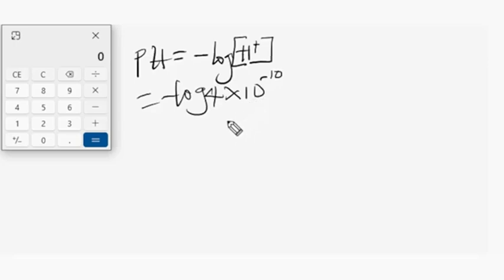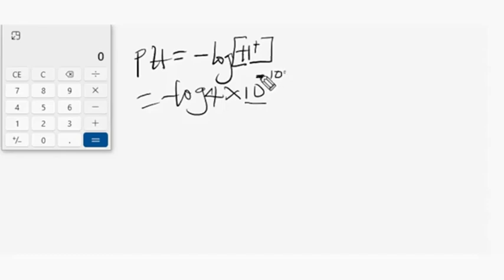So if I want to calculate the negative logarithm of this, I'll just simply check the power and then make the power a positive and subtract 1 from it.